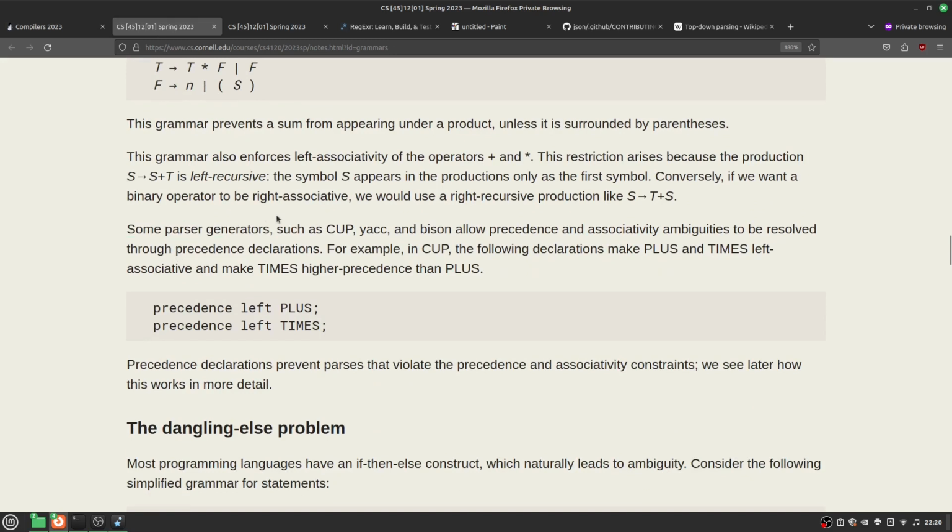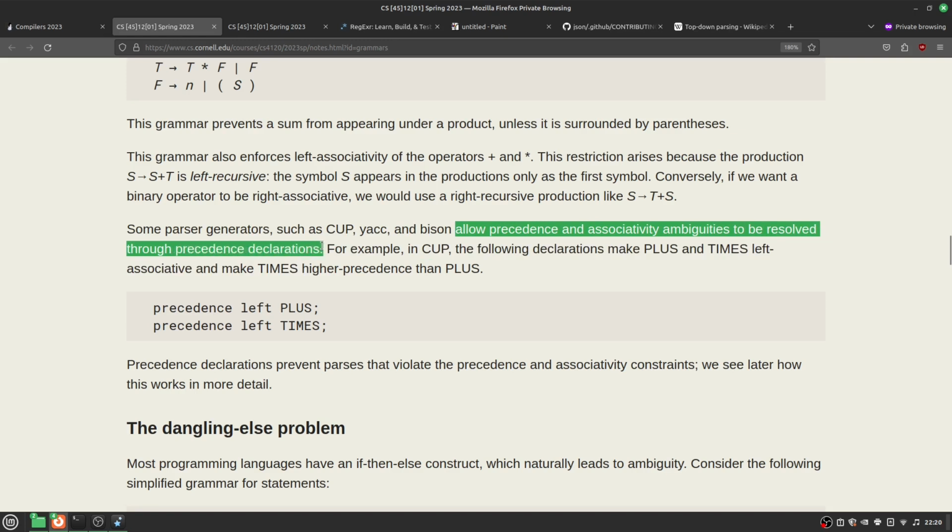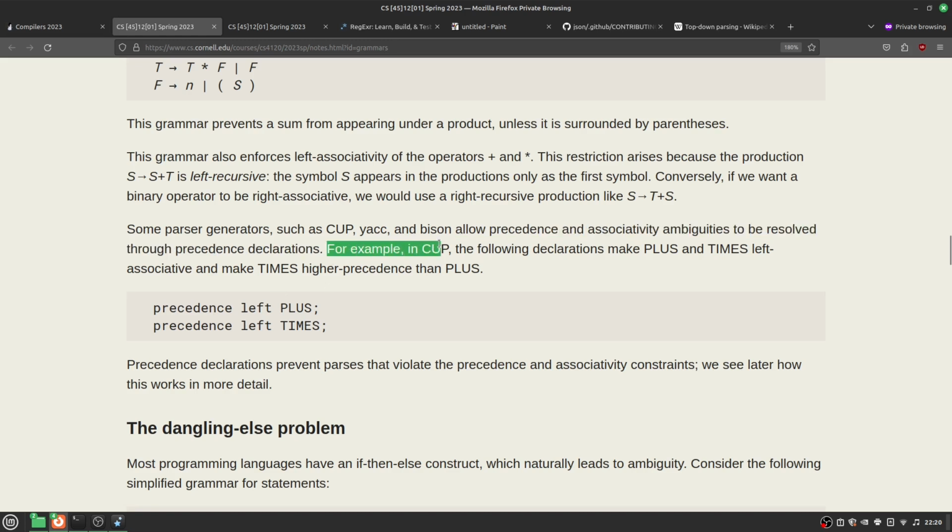Some parser generators, such as CUP, Yak, and Bison, allow precedence and associativity ambiguities to be resolved through precedence declarations. For example, in CUP, the following declarations make plus and times left associative and make times higher precedence than plus.